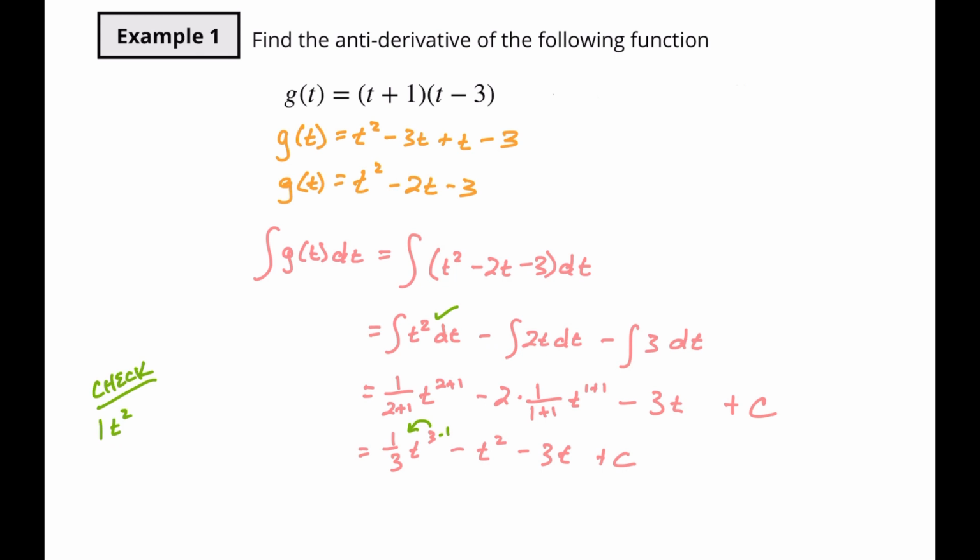So minus t squared, let's see, the 2 comes out here, so we're going to have minus 2t, t goes down by 1 power, t to the first power. Hey, minus 2t to the first power, so check. And then minus 3t, well, when we take the derivative of a constant times t to the first power, that's just going to be minus 3. So minus 3, check, and we are good. So indeed, this is our integral of our function.